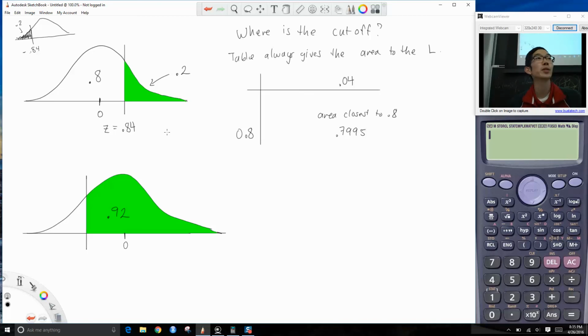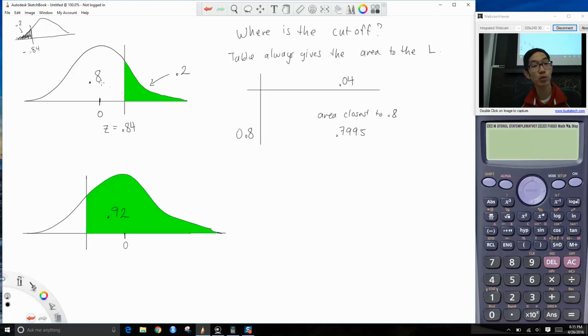Yes, a question? Where did you get 0.8 from? So here, if the area to the right is 0.2, this shaded area is 0.2, okay? And everything has to add up to 1. What is this unshaded area going to be? 0.8, right? Does that make sense?